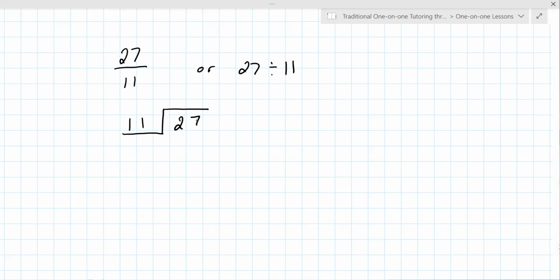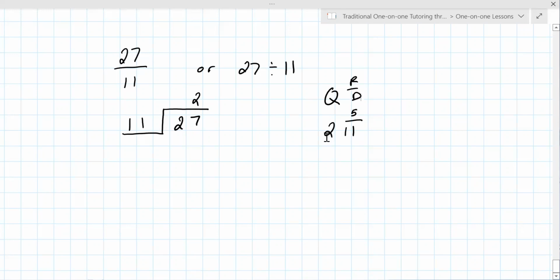11 is the divisor and 2 is the quotient and 5 is the remainder. Yes, that's perfect. You want to say it in this order though: quotient, remainder, divisor.